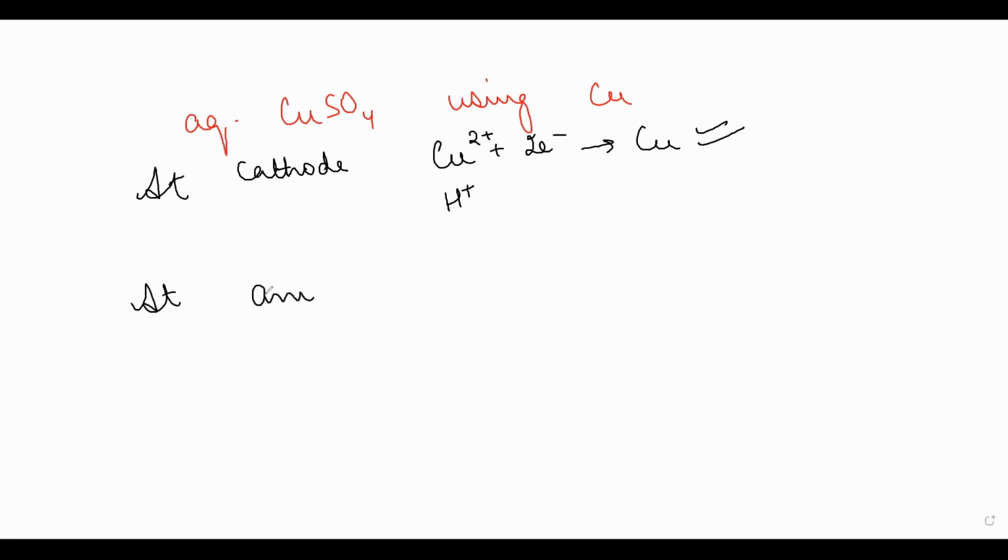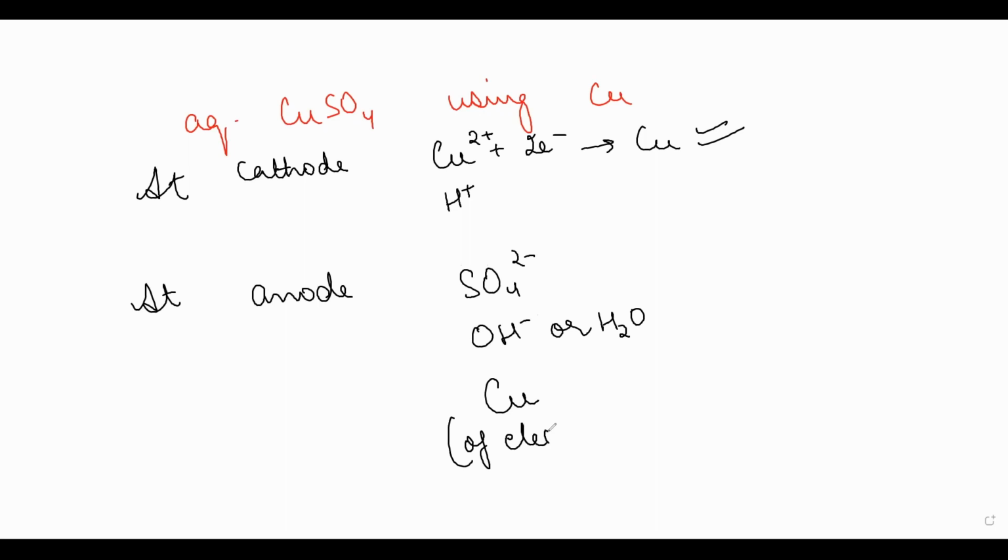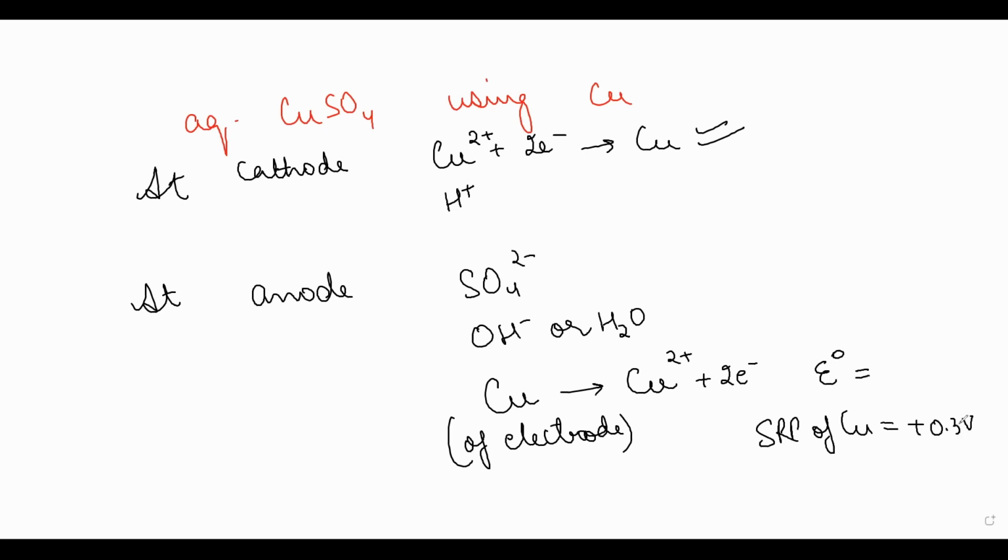If we compare anode, for anode we have the anions, sulfate ion, OH negative ion or water, right? And we also have copper of the electrode, which also has a tendency to undergo oxidation to form copper ion, where the standard reduction potential of copper is plus 0.34 volt, which means oxidation potential will become minus 0.34 volt.